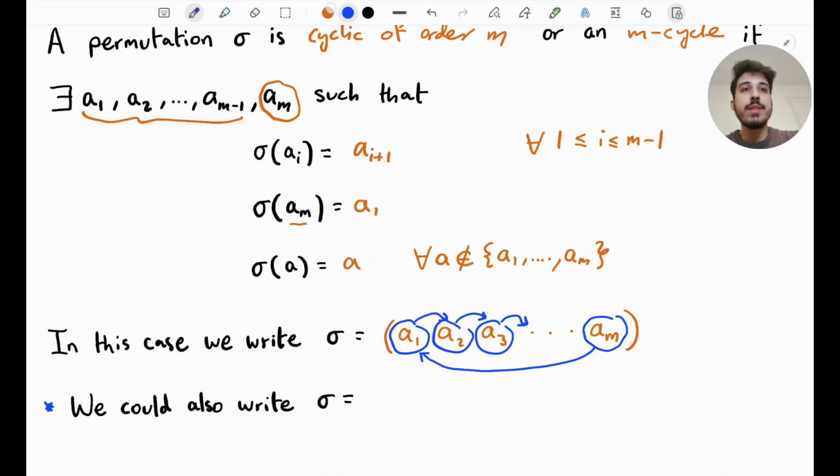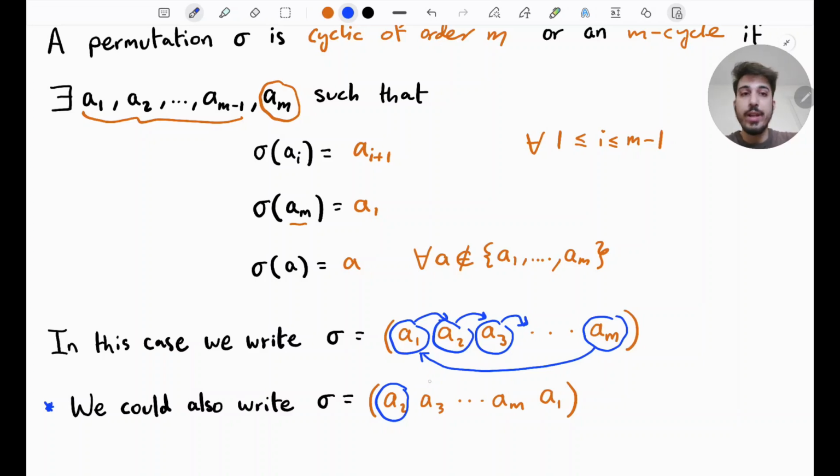We could also write sigma as the permutation A2, A3, all the way to AM, and then A1. This, in fact, gives the same description for sigma, because it does not matter the order in which we start.